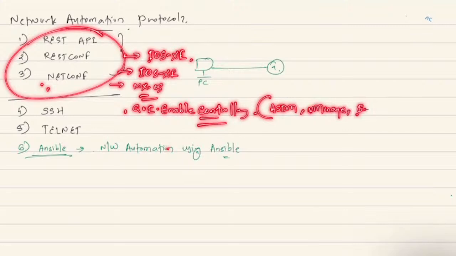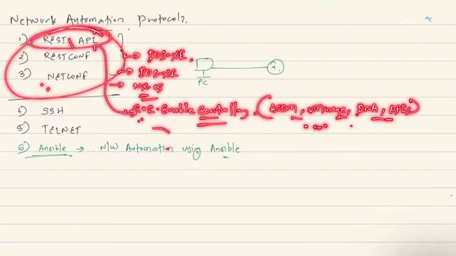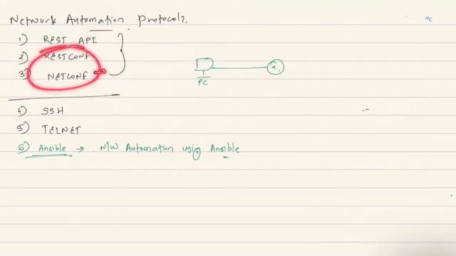SD-Access uses something called DNA, Digital Network Architecture, right? Or ACI uses APIC. All of these are GUI accessibilities to manage the entire infrastructure. So REST API works very well with these GUI applications, and RESTconf and NetConf work very well with platforms like XE, Nexus and XR.